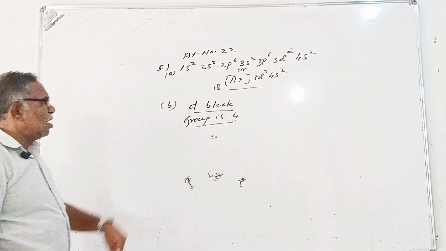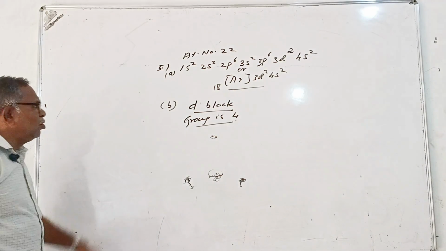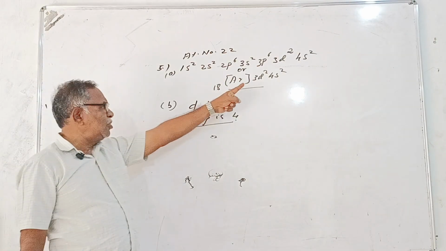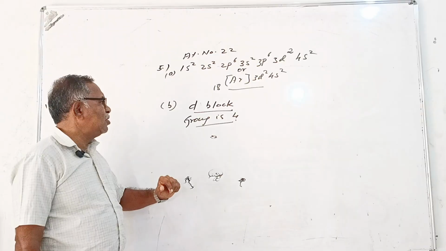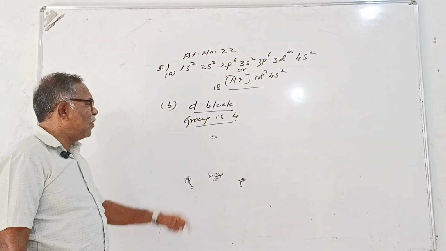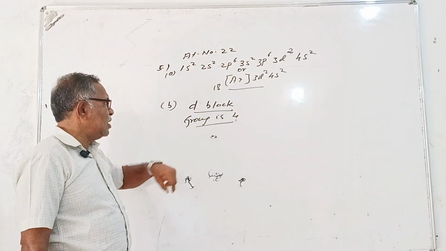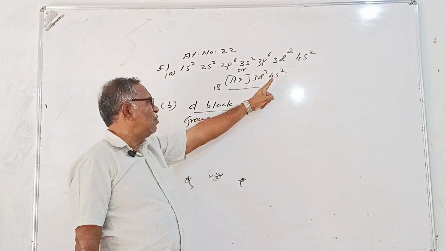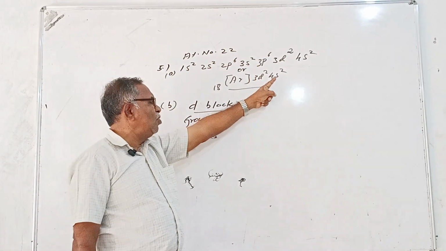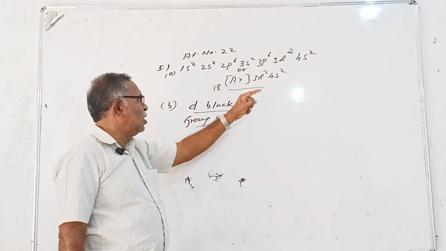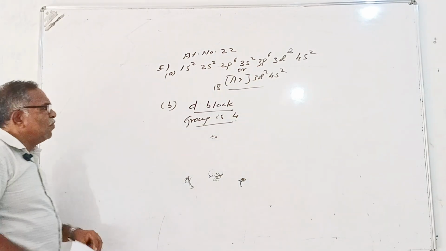Since the last electron fills in a d subshell, it belongs to d block elements. To find the group, add the electrons of 4s and 3d. Since 4s has 2 electrons and 3d also 2 electrons, the group of this element is 4.